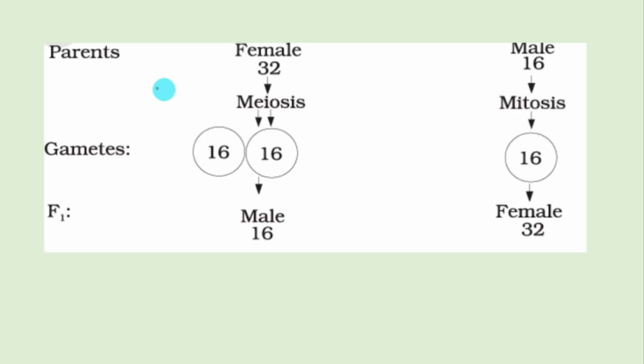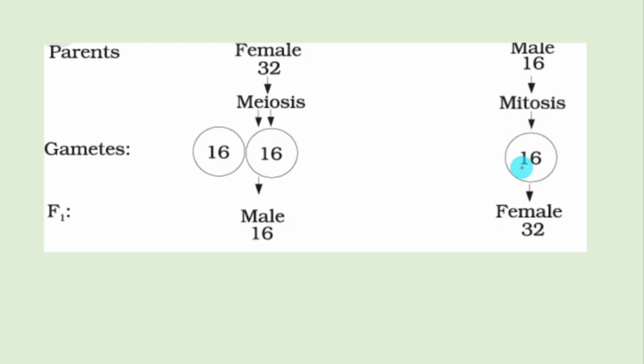See, parents: the female parent has 32 chromosomes, the male parent 16 chromosomes. So 16 is half of 32. This is the reason it is called haplodiploidy. Males are haploid, females are diploid. So in order to produce the gametes, this cell will undergo meiosis, but this cell will undergo mitosis just to increase the number of cells.